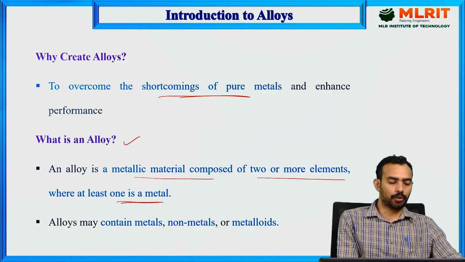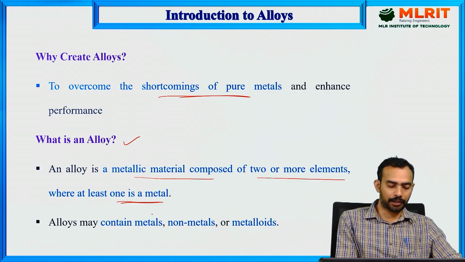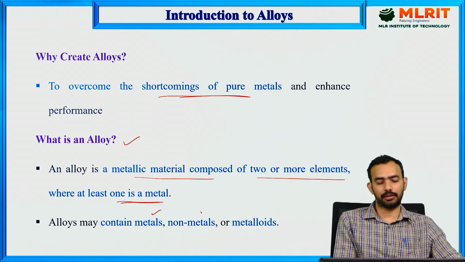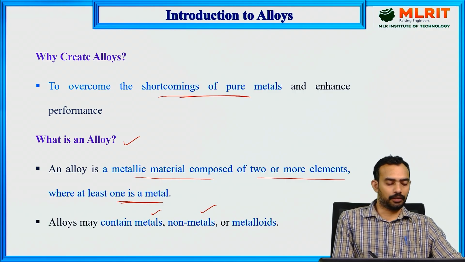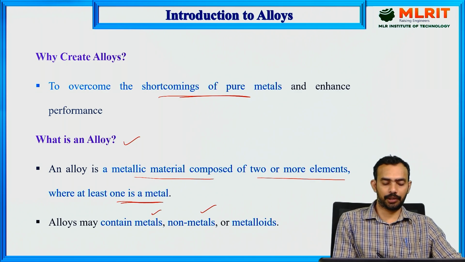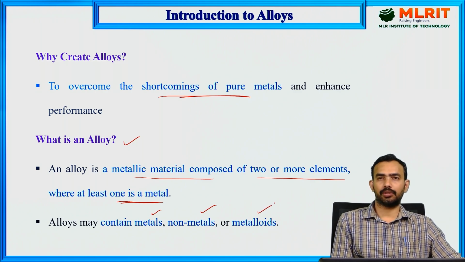Alloys may contain metals like copper and iron, or non-metals like carbon, and metalloids can also be included.